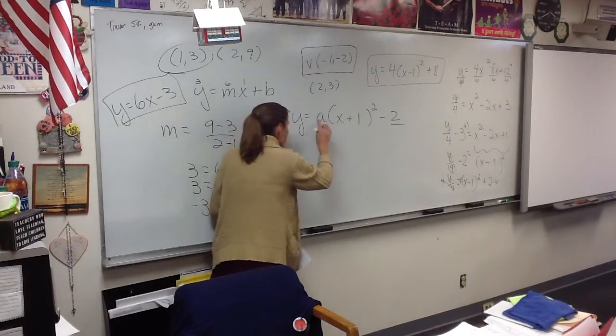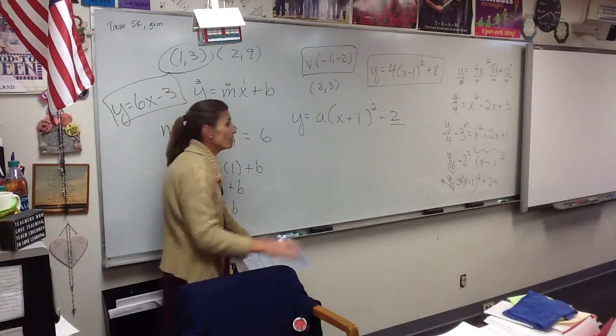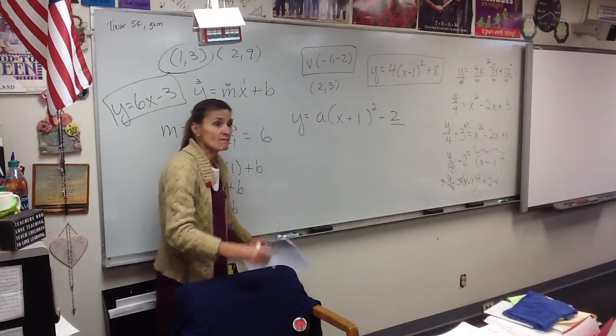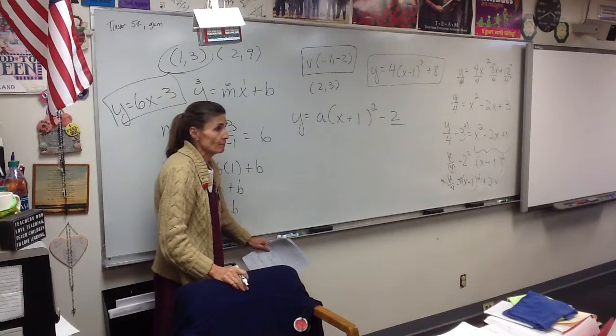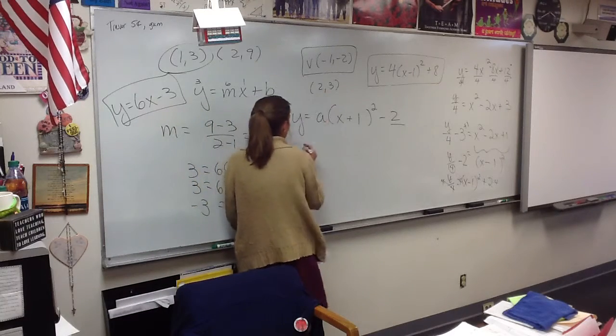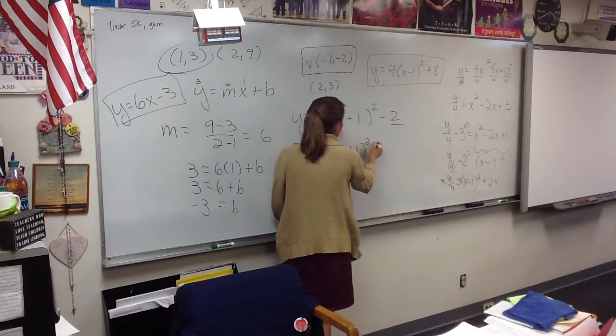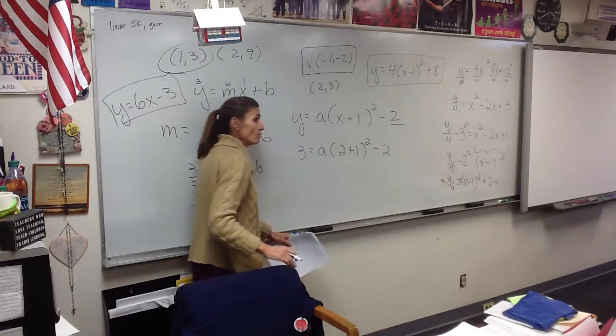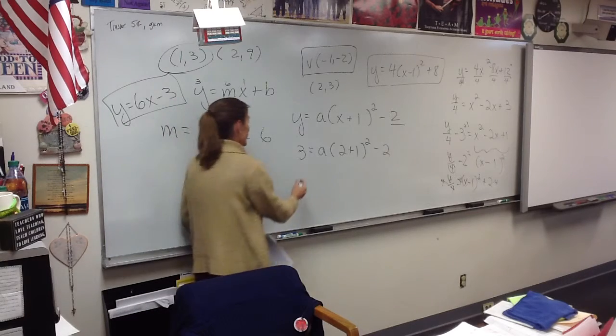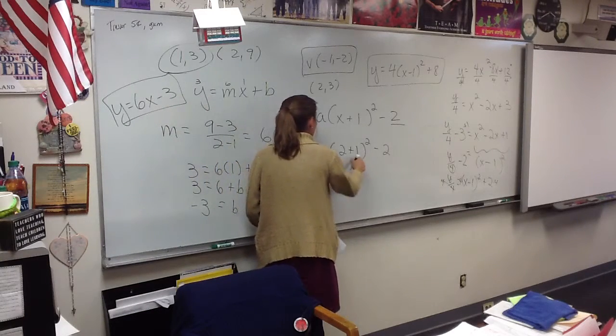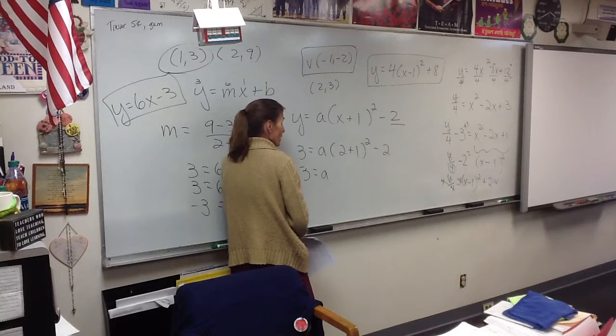How do I find that missing number? Plug in the other point they gave you. They gave you that for a reason. So you put in 3 for the y and 2 for the x. And you should be able to solve that. 2 plus 1 squared.